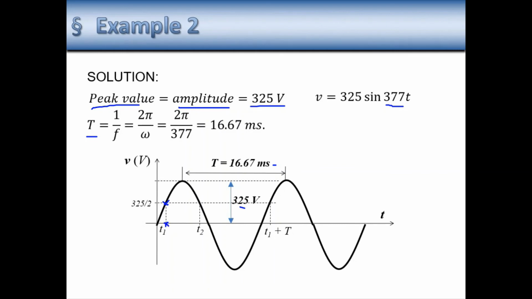But take note that half of the peak also occurs at t sub 2, and even at this point in time, and so on. So let's just limit our requirement to knowing what is t sub 1 and what is t sub 2.